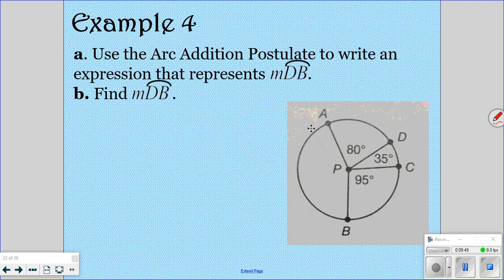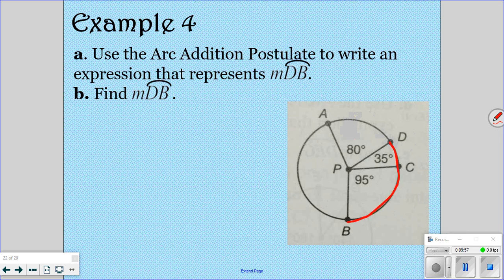So let's look here. We want to use the arc addition postulate to write an expression that represents arc DB. So the measure of arc DB should be equal to this arc, which is the measure of arc DC, plus the measure of this arc here, which is arc CB.